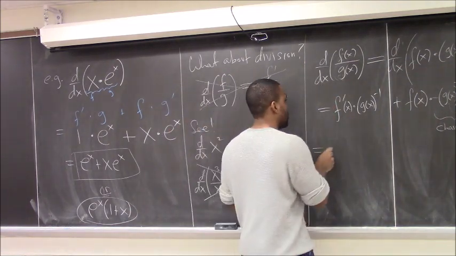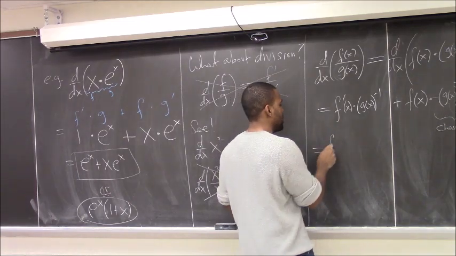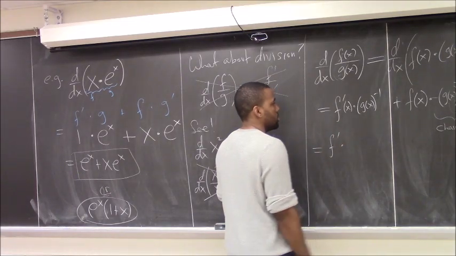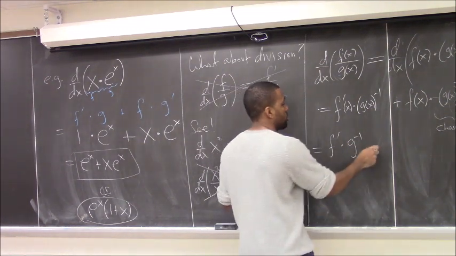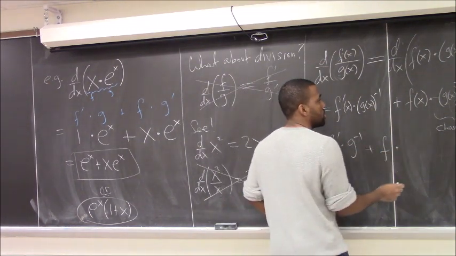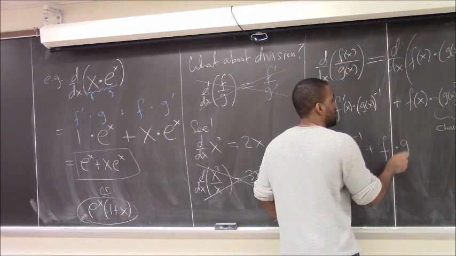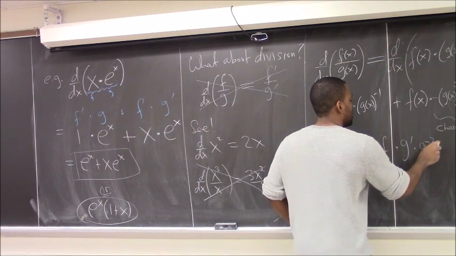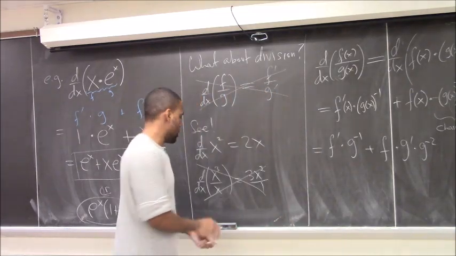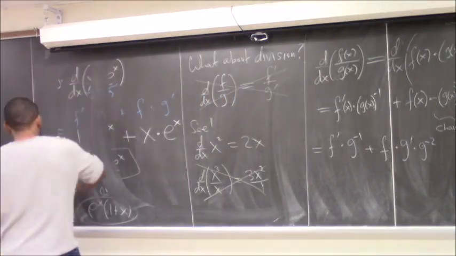And so now, let's rewrite this a little bit without the x's. So basically I have f prime times g to the minus 1 plus f times g prime times g to the minus 2. Alright, so that's what I have so far. Let's actually rewrite this to look a little nicer.